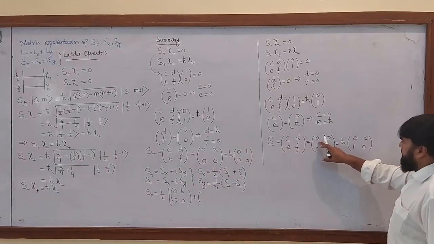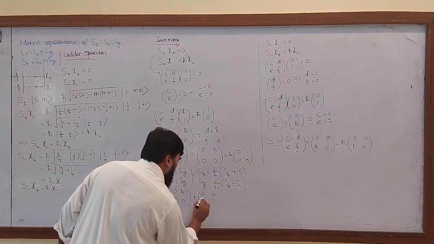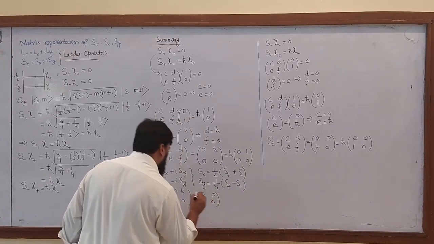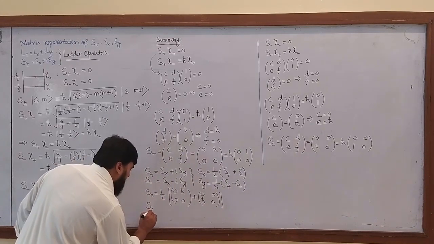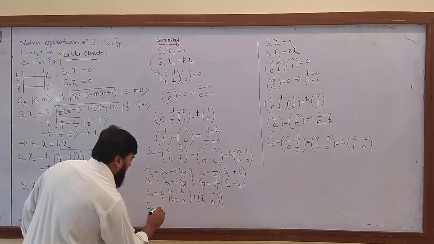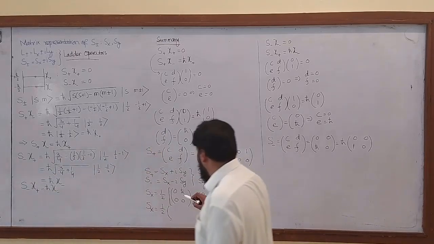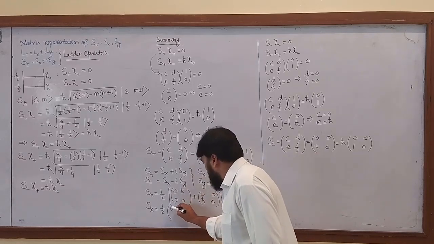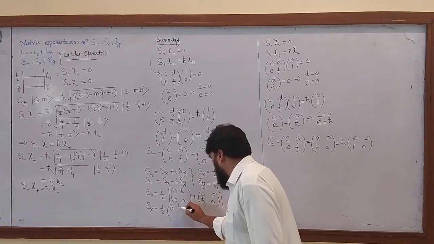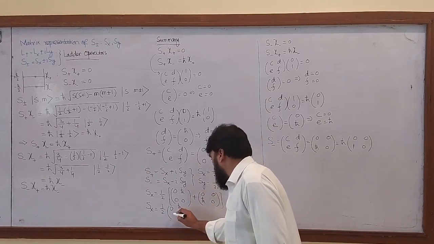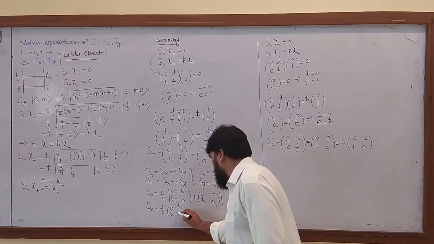S minus is 0 0 h bar 0, and this is equal to, Sx is equal to half, and now add up the two matrices. 0 plus 0 is 0, then h bar plus 0 is h bar, 0 plus h bar is h bar, and 0 plus 0 is 0.